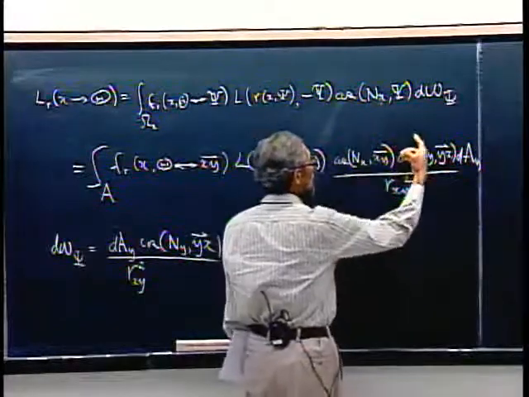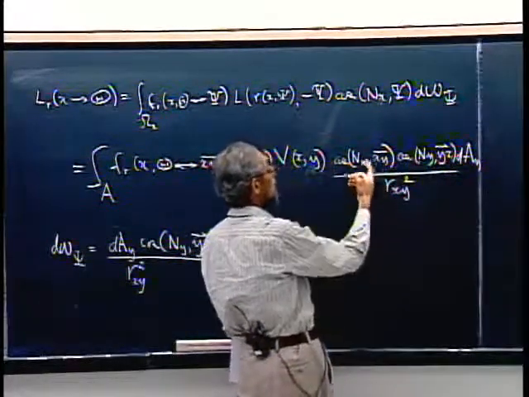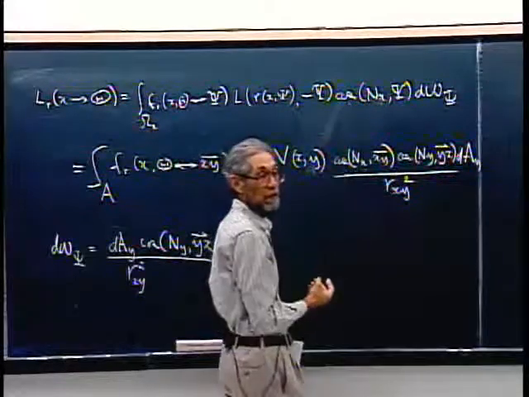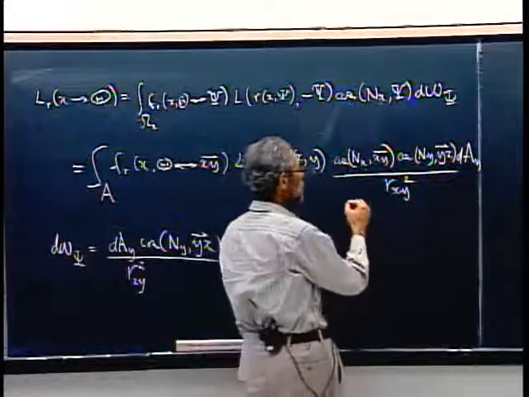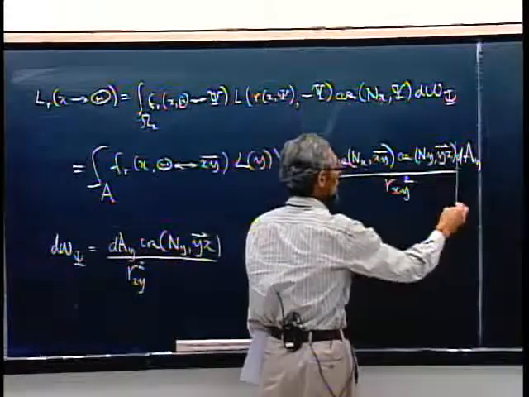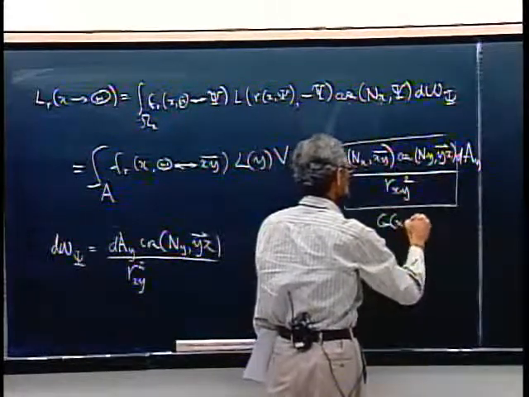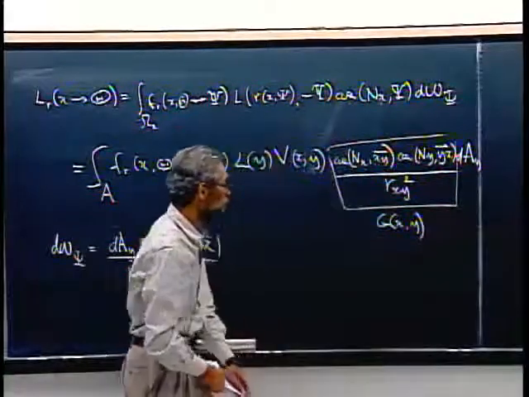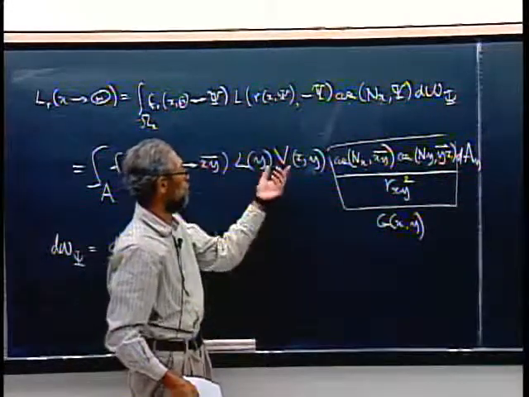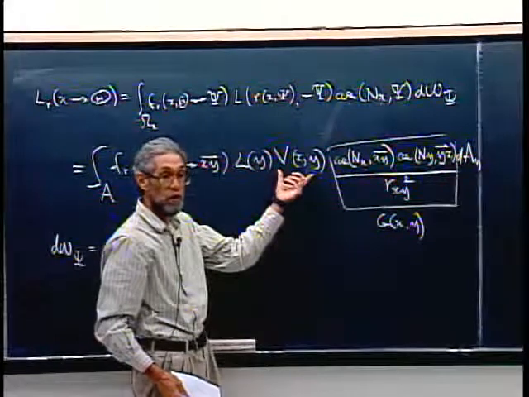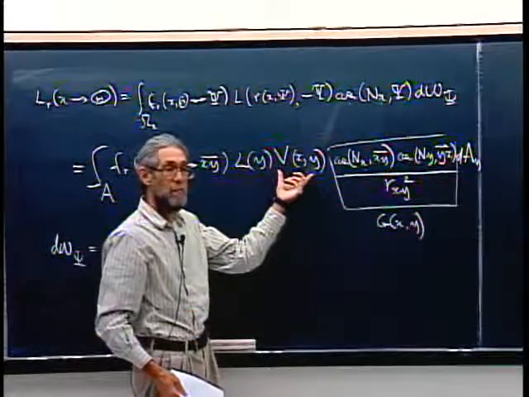This much of it corresponds to d omega, and I put this one on there too. And this much of it is called the geometry factor, Gxy. If you read research papers, some other authors put the Vxy in there too as part of the geometry factor, but our book doesn't.